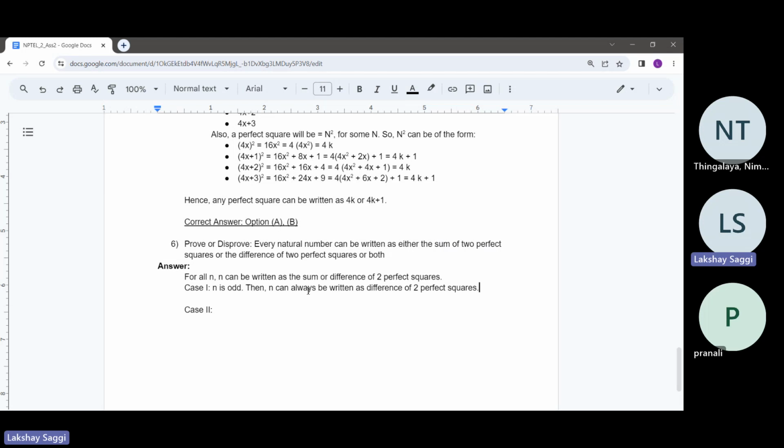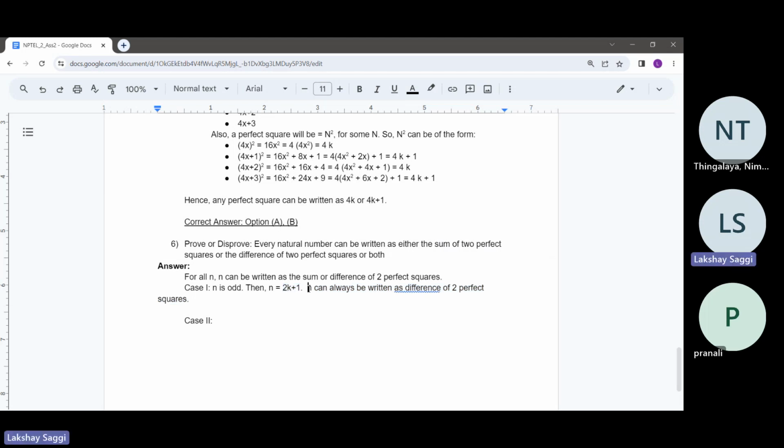So maybe I'll just write it down. First of all, we know that if a number is odd, then it can be written in the form 2k plus 1, right? Then n is equal to 2k plus 1.